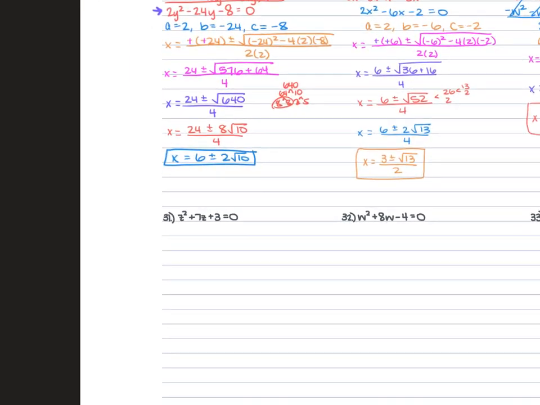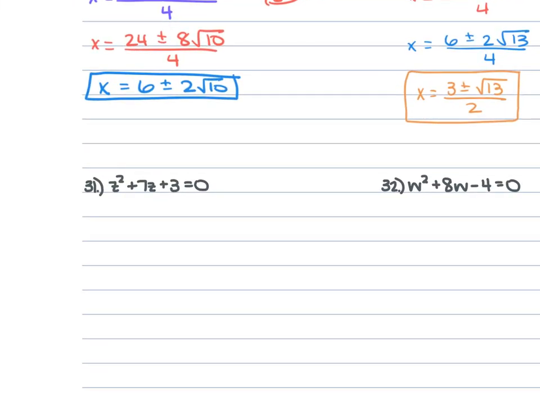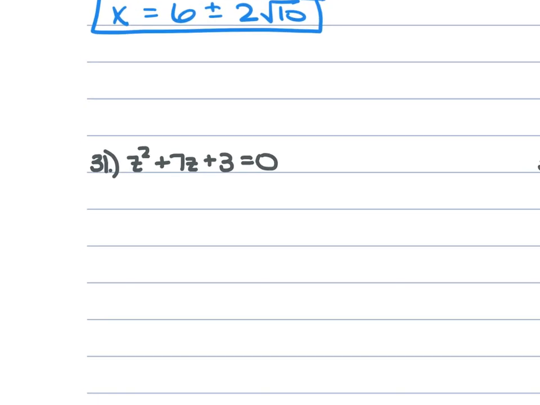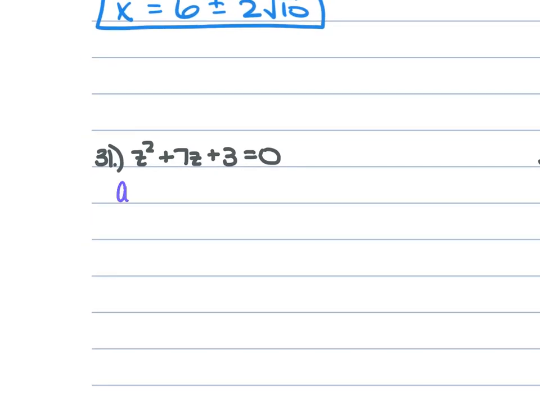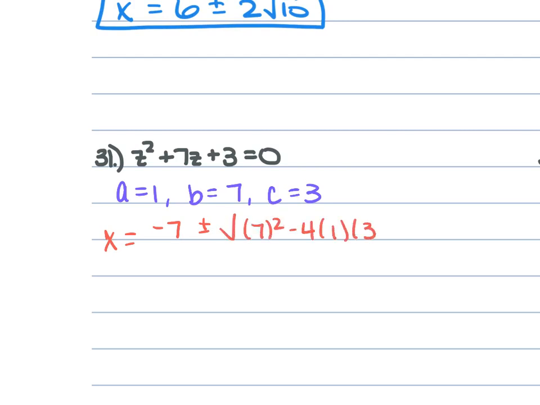For our next example, we have z squared plus 7z plus 3 is equal to 0. So this one's an easy one. Our A is 1, our B is 7, our C is 3. We're going to have x is equal to negative 7 plus or minus the square root of 7 squared minus 4 times 1 times 3 all over 2 times 1.